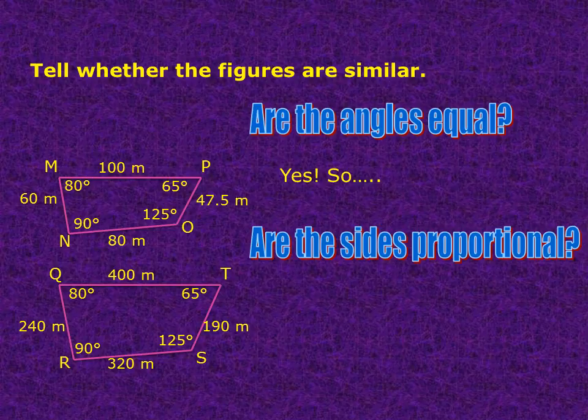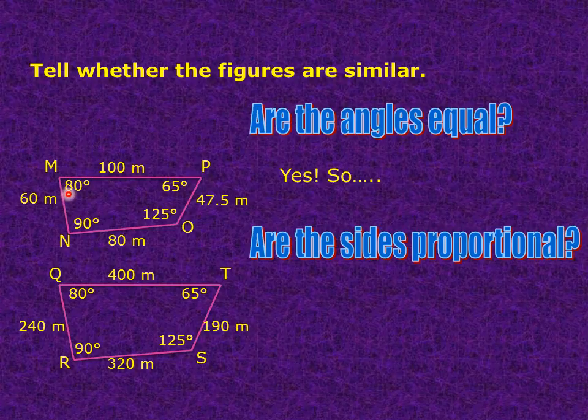Are they proportional? We're going to take those same sides, remember, alphabetically. So MN to QR, that's 60 over 240. NO to RS, that's 80 over 320. PO to TS, that's going to be 47.5 to 190.